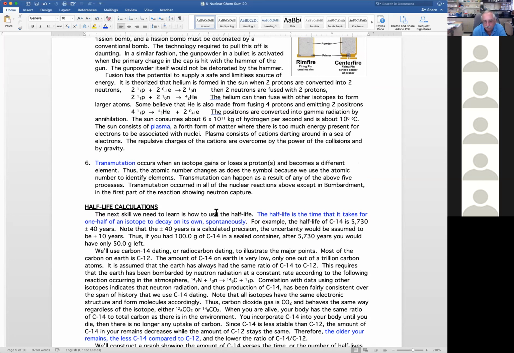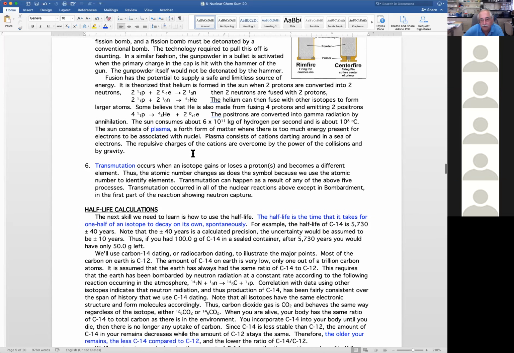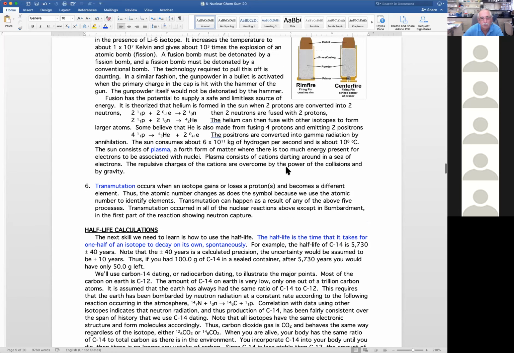So then the last type of chemical reaction, or nuclear reaction, is transmutation. Transmutation occurs when one element turns into another element. And the only way that can happen is if it gains or loses protons, and then it becomes a different element.